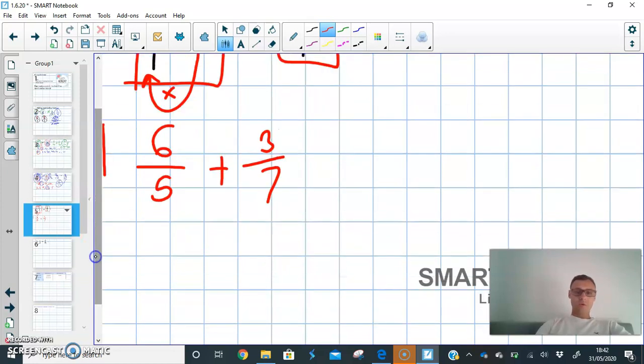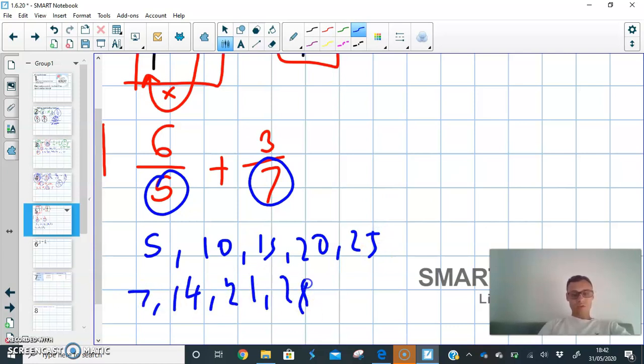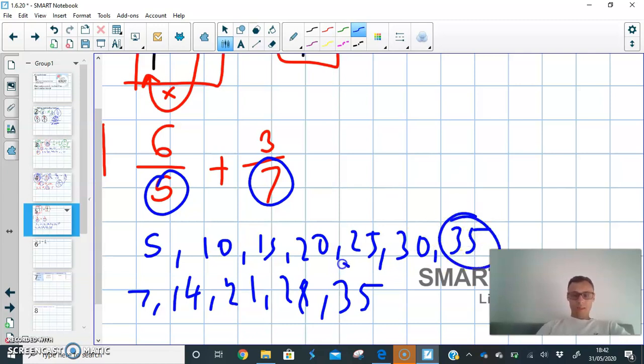The issue here is that we don't have a common denominator, so I can find that: 5, 10, 15, 20, 25, 7, 14, 21, 28, 35. Oh, there isn't a common denominator there, so let's extend it. There it is. So I need to write this 6/5 with a denominator of 35.